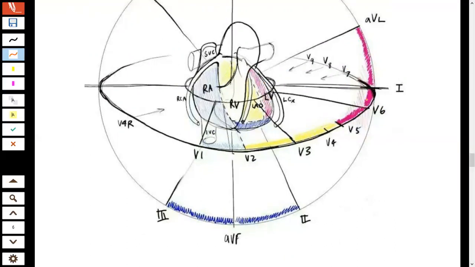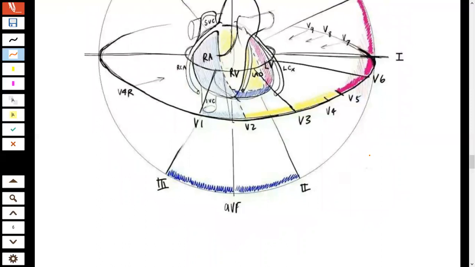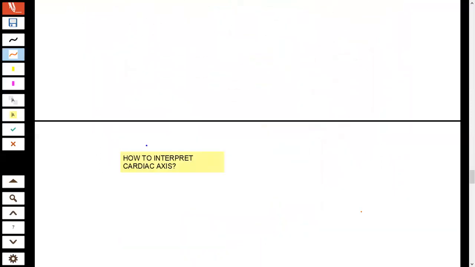And these other aspects are covered by the chest leads, so their abnormalities are picked up by the chest leads. Every abnormality, either the deviation or any pathology, can easily be picked up by the ECG. So you must memorize all the parts and where the limb and chest leads are placed.